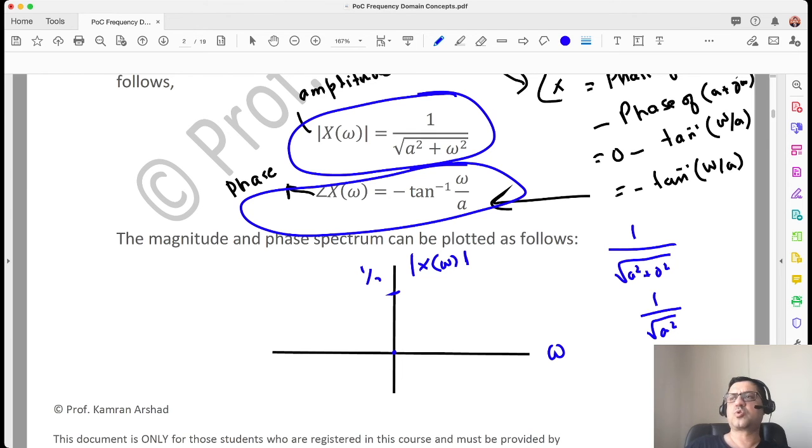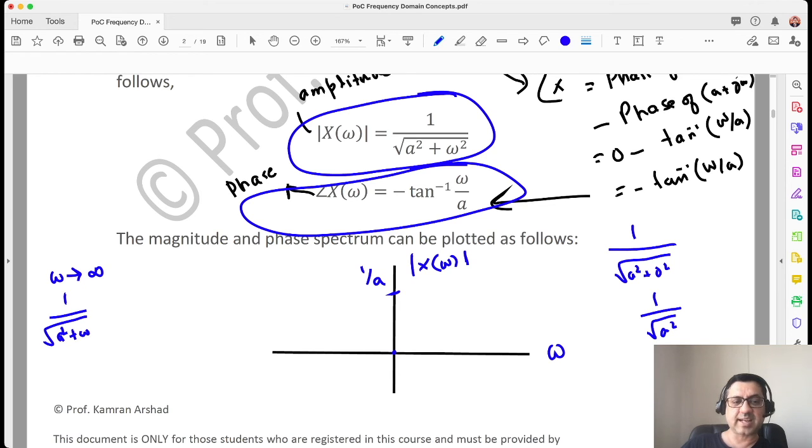The easiest way to do these kinds of plotting, in my opinion, you will find it quite useful, is always think like this: what is the value when omega is 0 and what is the value when omega tends to infinity. When omega is very large, getting bigger, then it means 1 over square root of a square plus omega square.